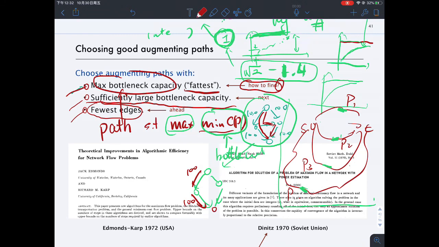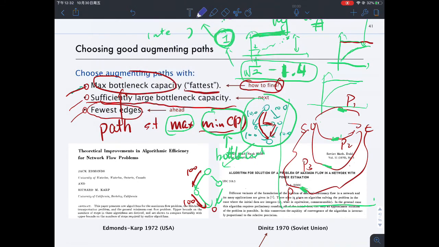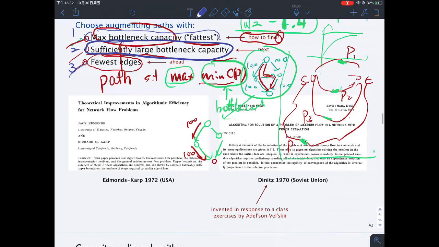With this policy, we can also argue that the algorithm terminates in polynomial time. But for the purpose of this lecture, we only focus on the second approach. We cannot do the first approach because finding the best augmenting path is very difficult, and we are not going to talk about the third approach. This is the first, second, and third approach.